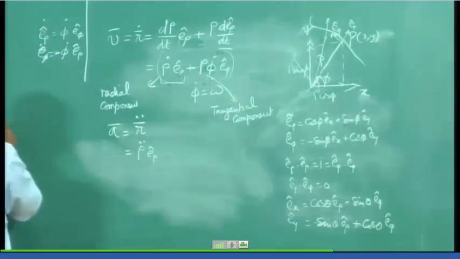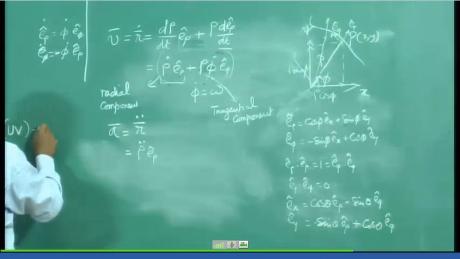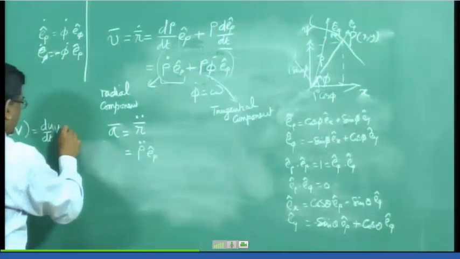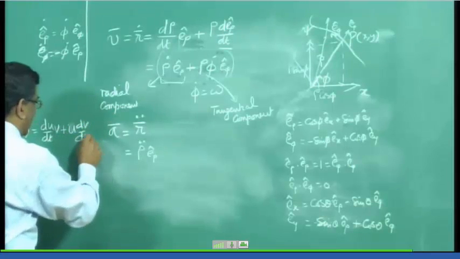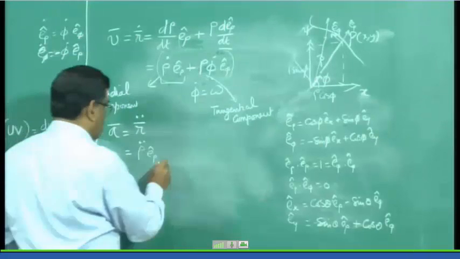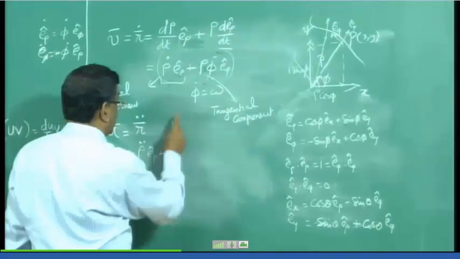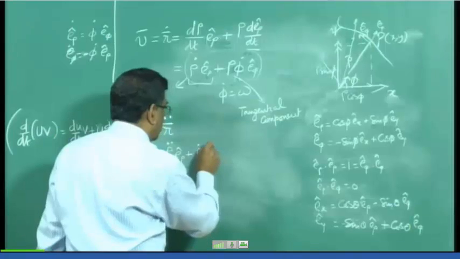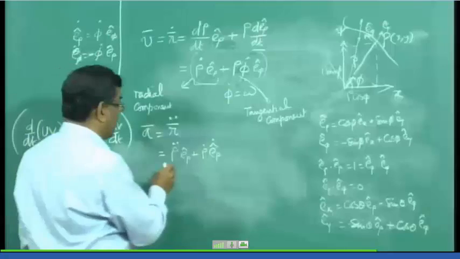It is like d by dt of uv, du by dt v plus u into dv by dt. That's what I'm doing, differentiation by parts. So rho double dot e rho plus rho dot into e rho dot. I have to differentiate this. This will be the first part.